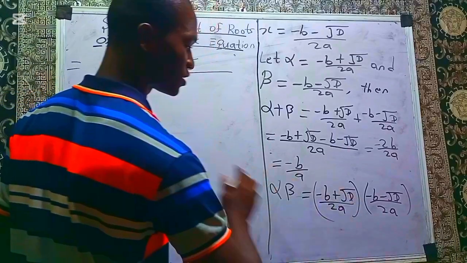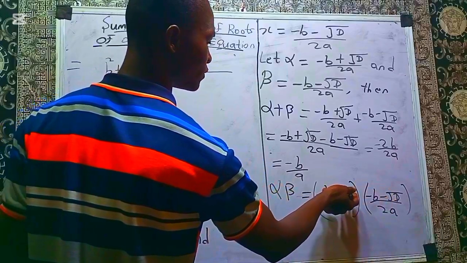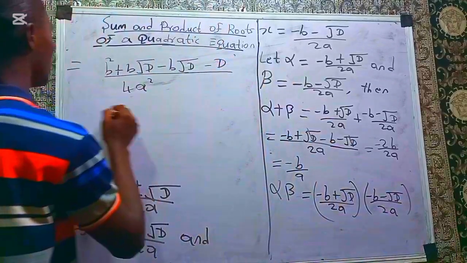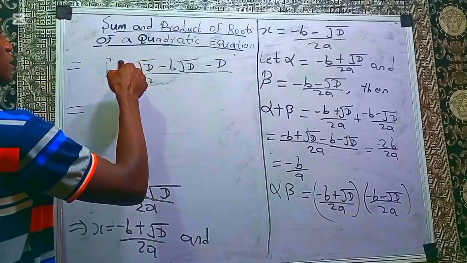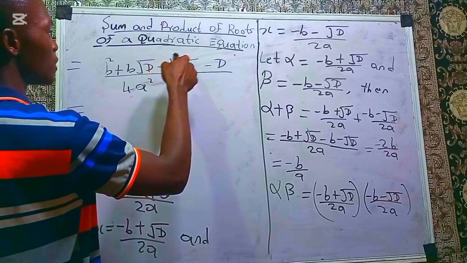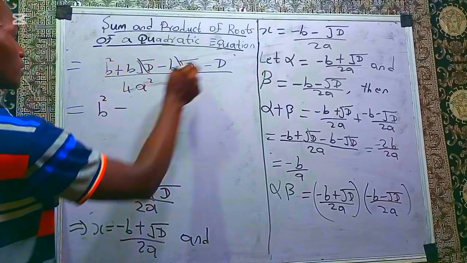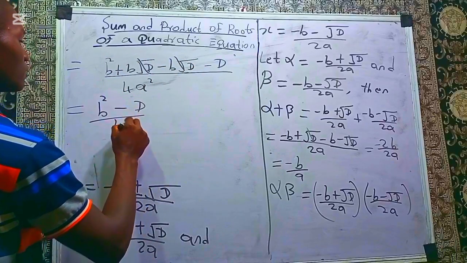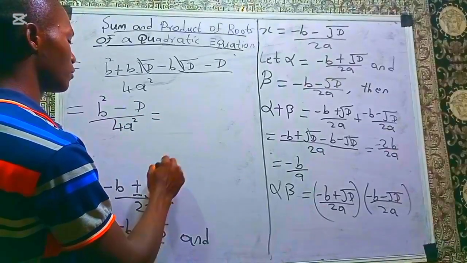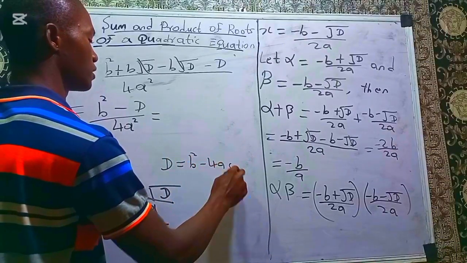Next one is positive square root of d times negative square root of d, which will give you negative d. So the positive b square root of d minus b square root of d will give you 0. So we will now have b squared minus d, divided by 4a squared. But we have already said let d be equal to b squared minus 4ac.